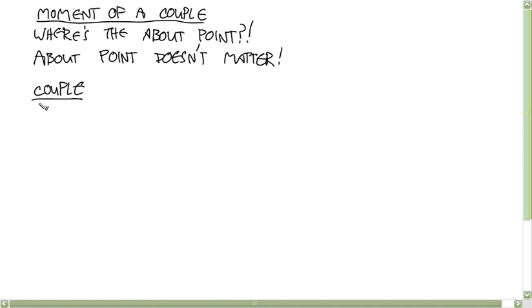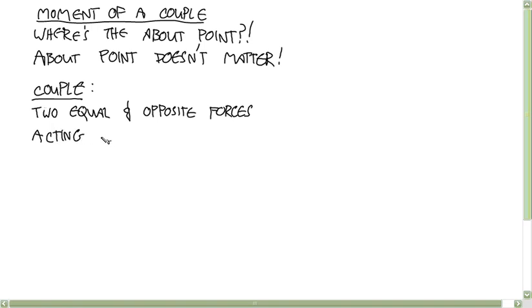So let me define a couple. A couple is made up of two equal and opposite forces acting at some distance apart. Acting at some distance from each other.